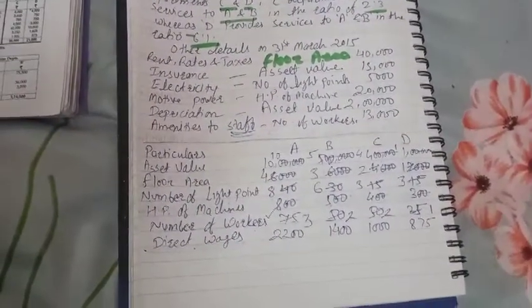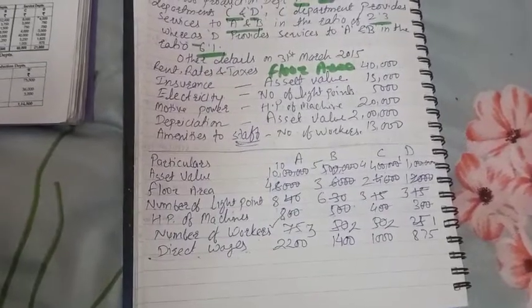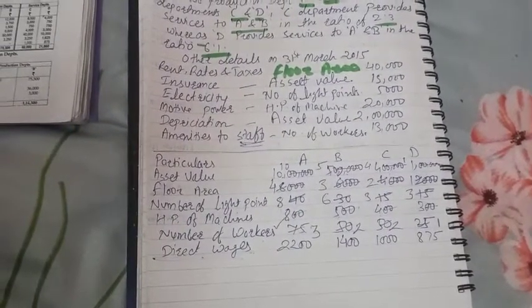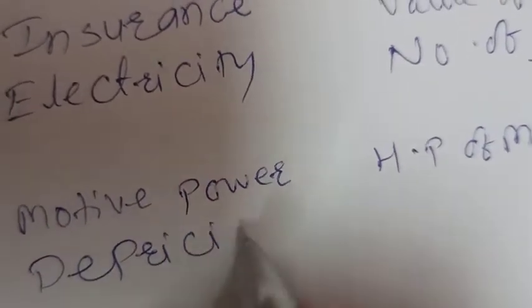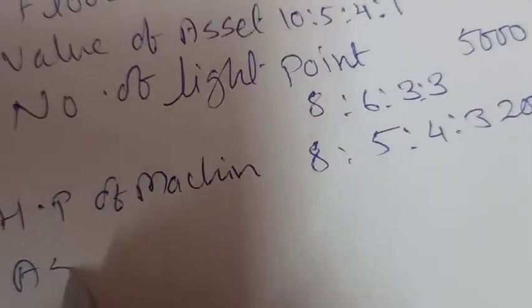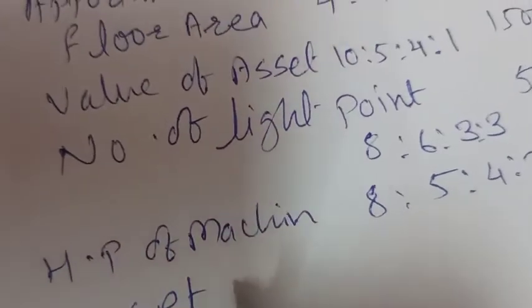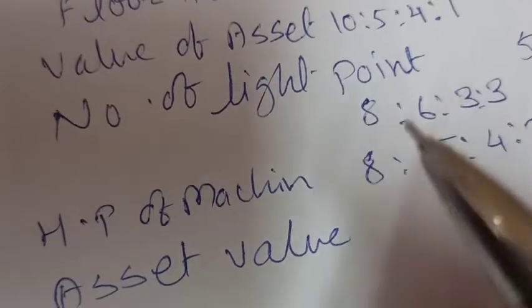Next overhead is depreciation. Basis is asset value.